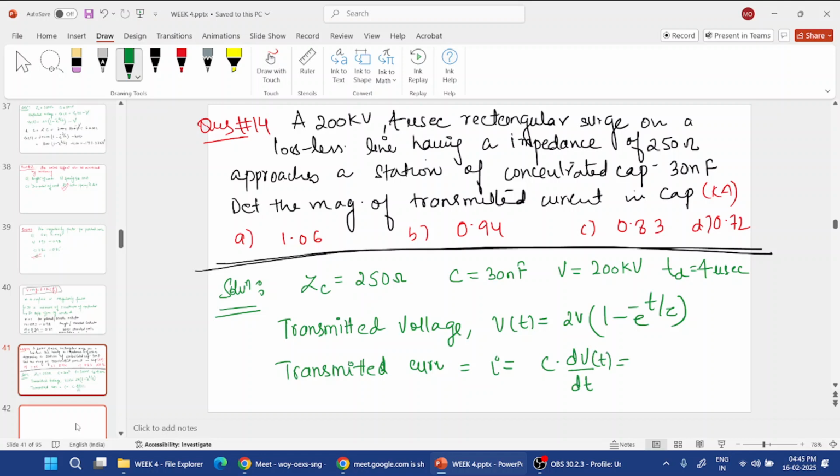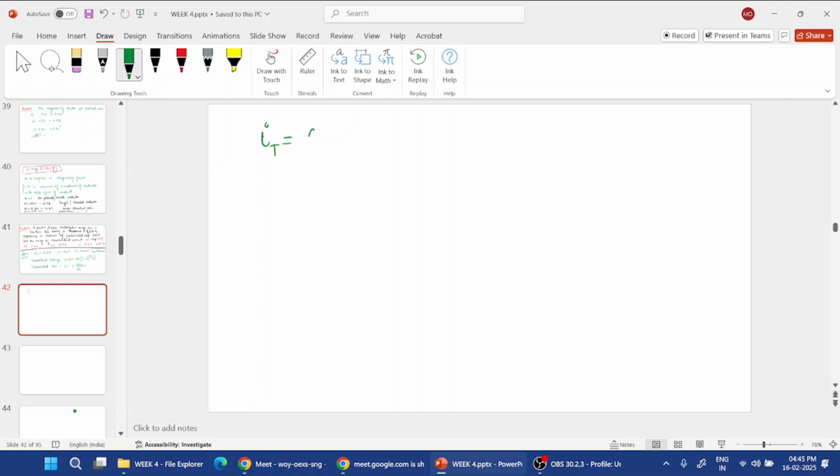So we will differentiate this. i_t = C times dVc/dt, which will be C into 2 into e^(-t/tau) into V, divided by tau. So it comes out to be 2CV/tau e^(-t/tau). It is the transmitted current into the capacitor.